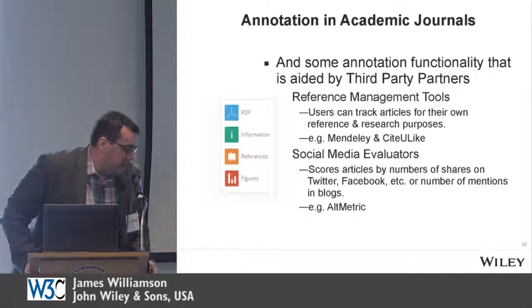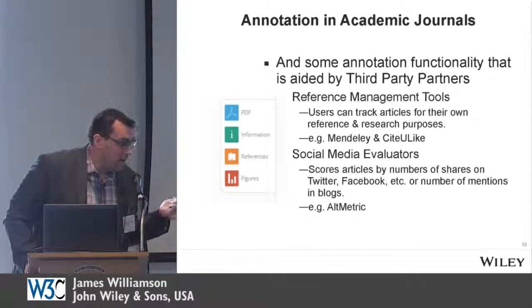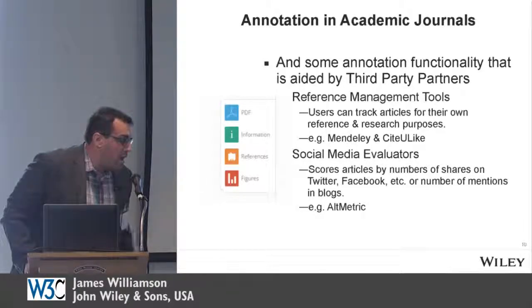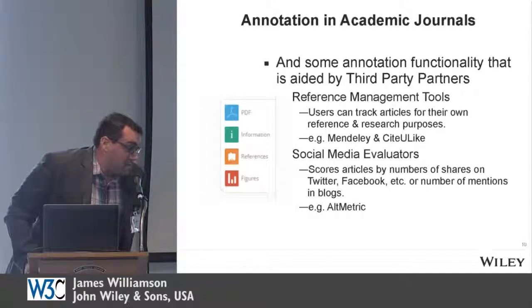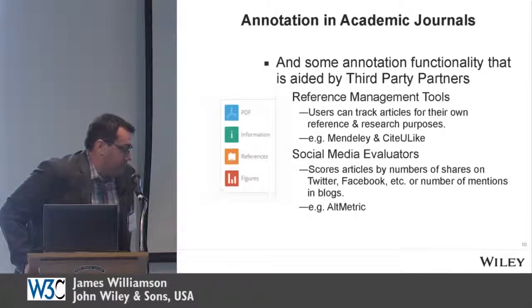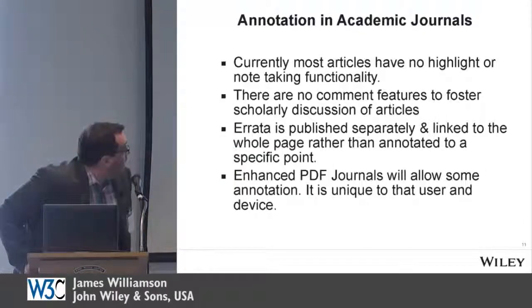There's social media tracking, so you can see where your article was mentioned in blogs or on Facebook or posts, and how it was mentioned, what part of the article is tracked. That's a great resource. It's also done outside of our publication, so we don't have much access to it. There's also CiteULike, which tracks for referencing purposes, but again, it's not something that we handle. It's from a third-party vendor.